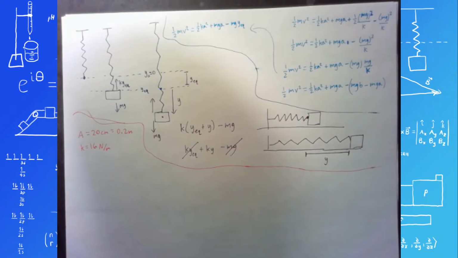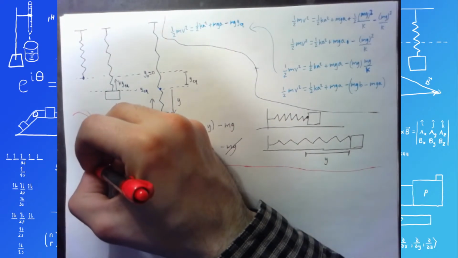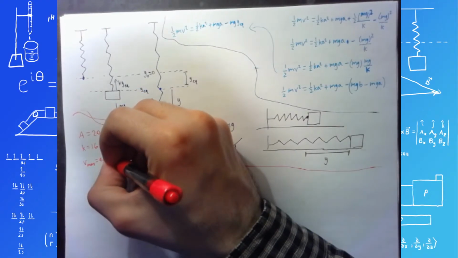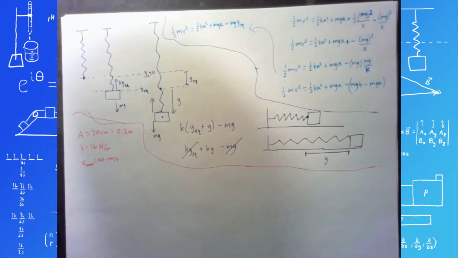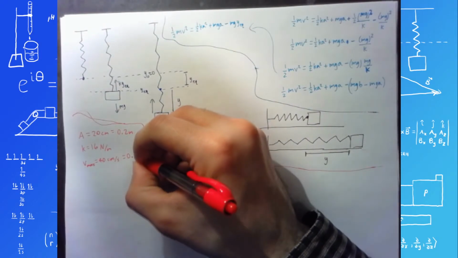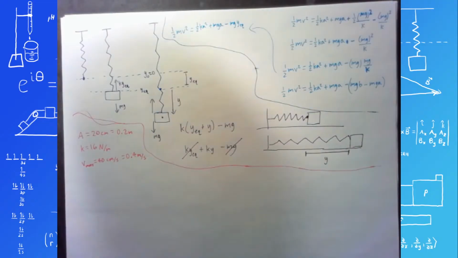It is observed that the maximum speed of the bunch of bananas is 40 centimeters per second. Vmax equals 40 centimeters per second, which is also 0.4 meters per second.